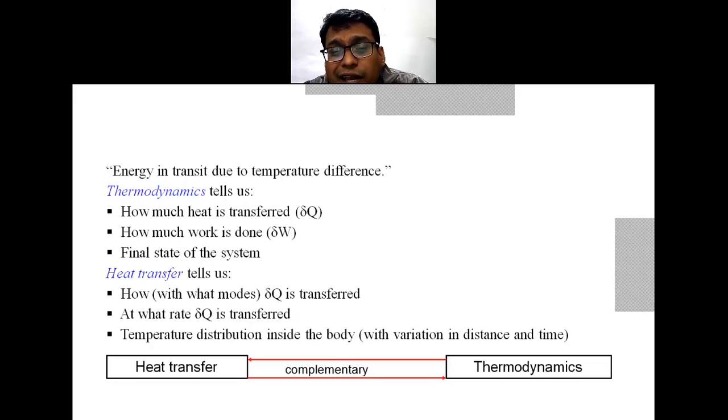So all this is the variation of change in temperature dT with respect to dx, the distance, or with respect to the time dt. However, heat transfer and thermodynamics are complementary to each other.